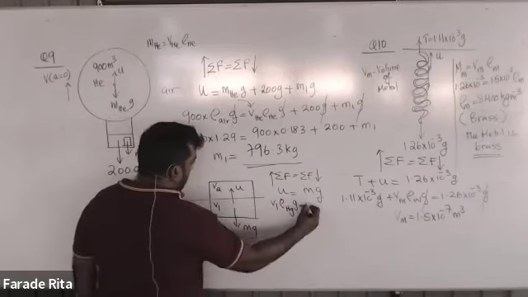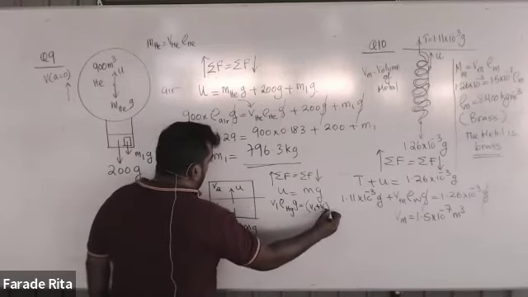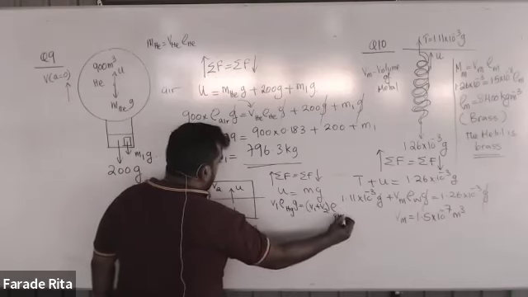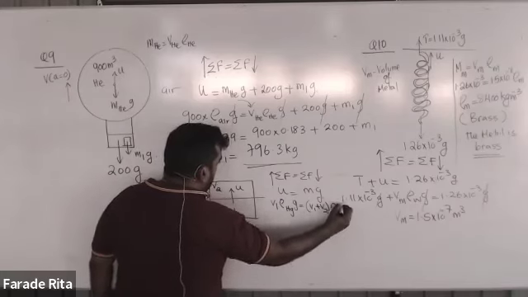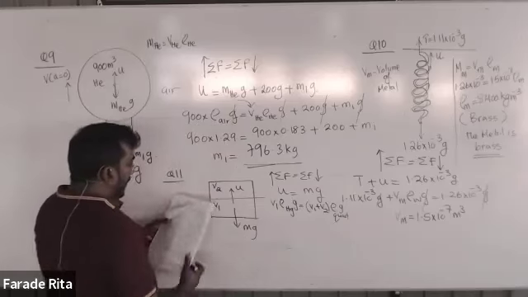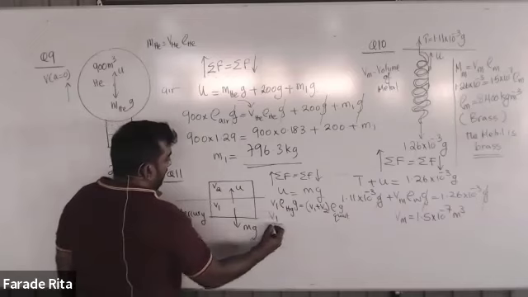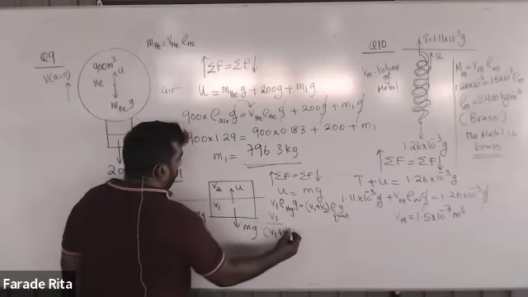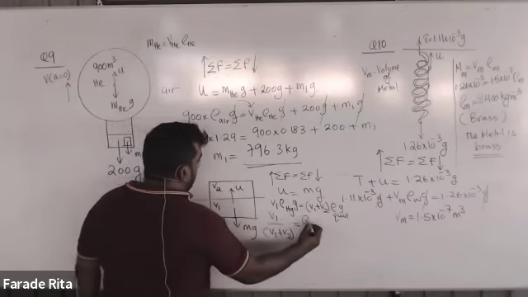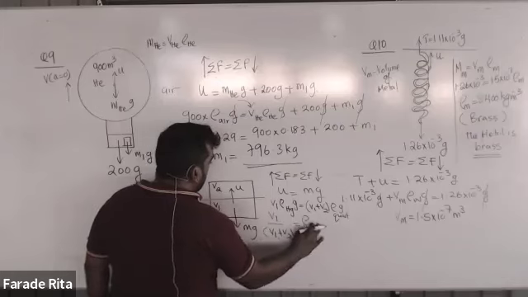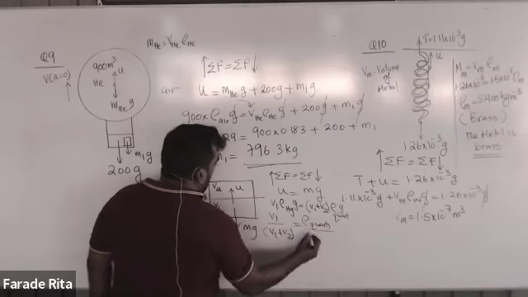Total volume, V1 plus V2, density of quartz, into g. g cancel off. What are they asking you? Fraction submerged. V1 divided by V1 plus V2. That is density of quartz over density of mercury.